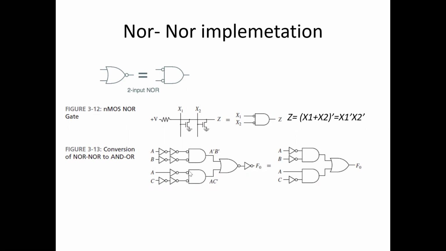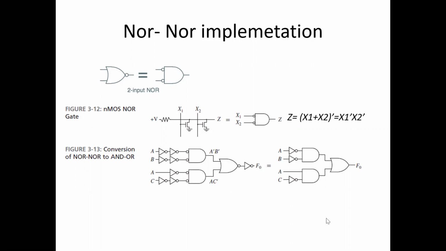Here it is A into C bar, and that again is given to an OR gate, and then it has to go through an inverter, and you get the output F.